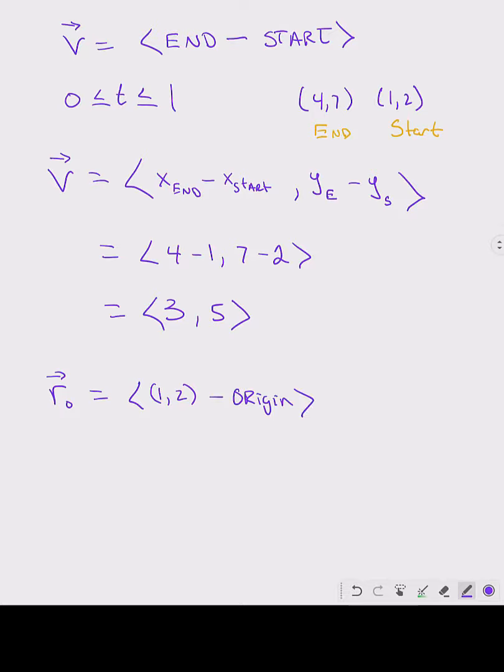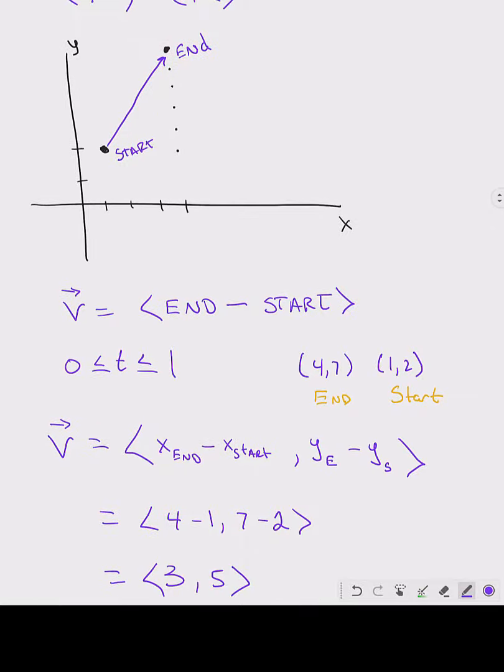Let me draw a picture up here. I want to make this vector right here go from the origin to the point (1, 2), and I'm going to make that my r initial because that's where I'm starting. If I was starting at (4, 7), I would go from this point up to (4, 7) as my initial. But I want to start at (1, 2), so I'm going to start at the origin and end at that point.